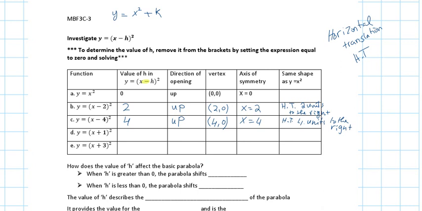The next one, the h value is -1, right? It's opposite to what you see for the h. Same direction of opening. My vertex is (-1, 0). My axis of symmetry is x equals -1. And we call it a horizontal translation of 1 unit, so you see it's positive, to the left.